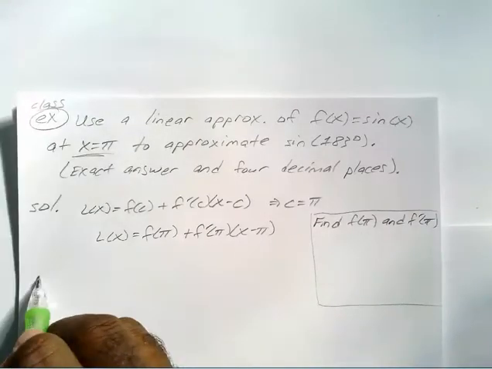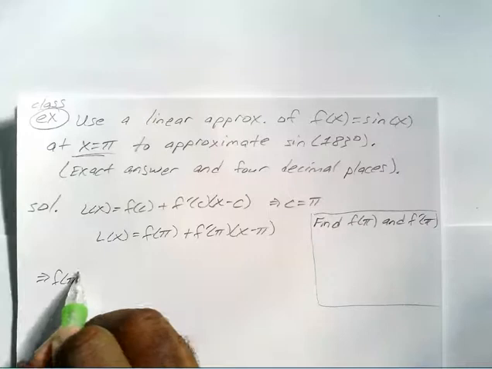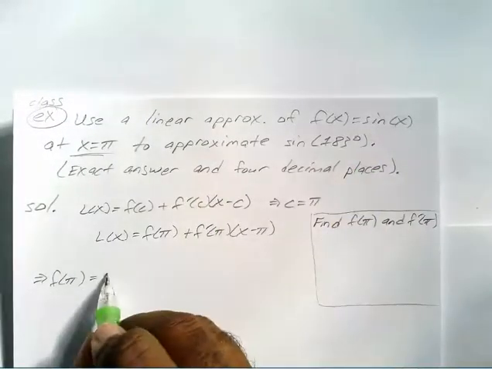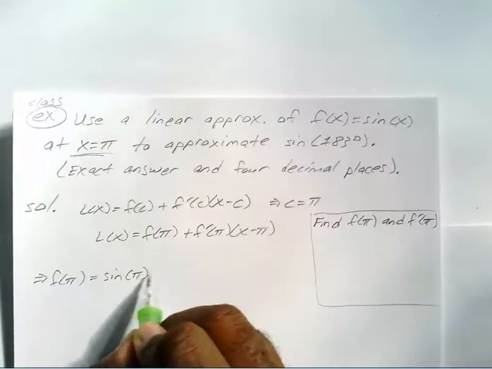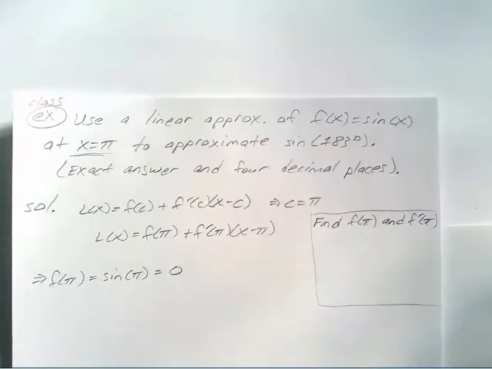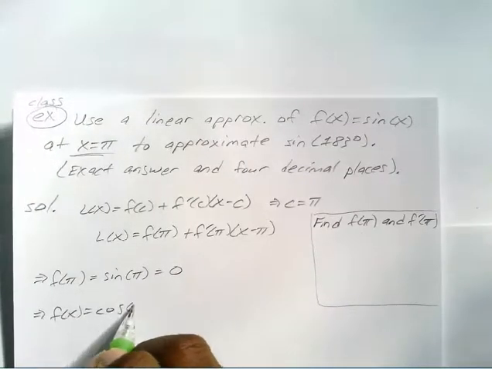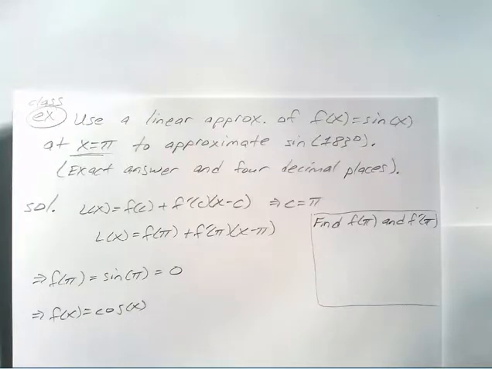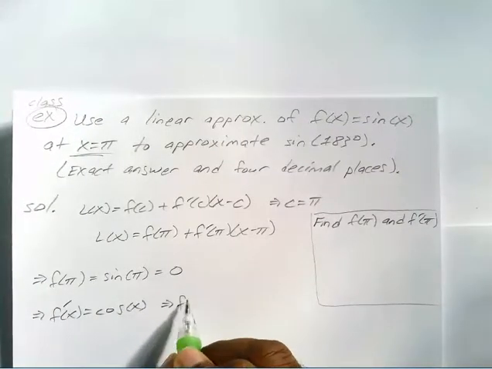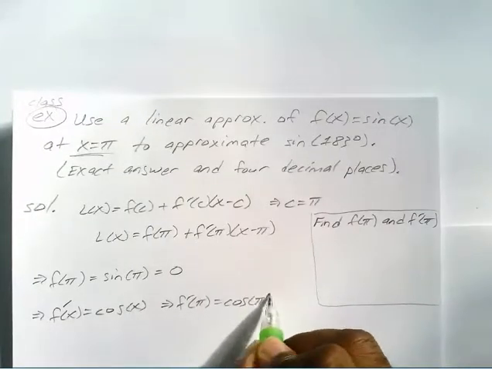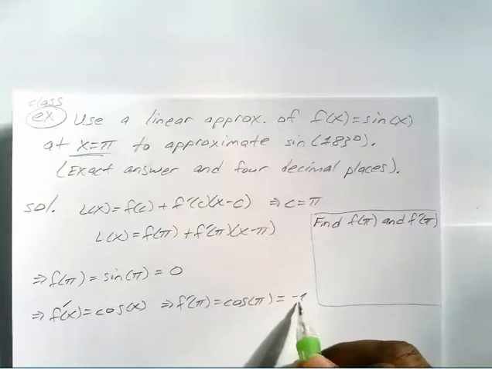Okay, so to find f of pi, we just plug in our pi. That's sine of pi, which is equal to 0. Okay, so we know that f prime of x is cosine of x, sorry about that, which means our f prime of pi is cosine pi, which is -1.